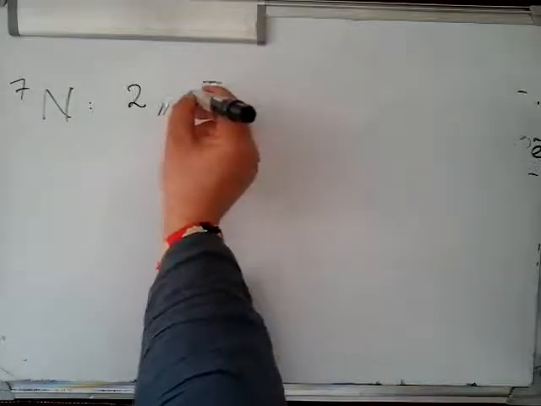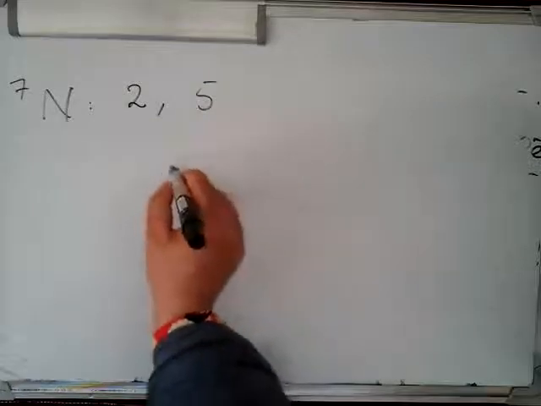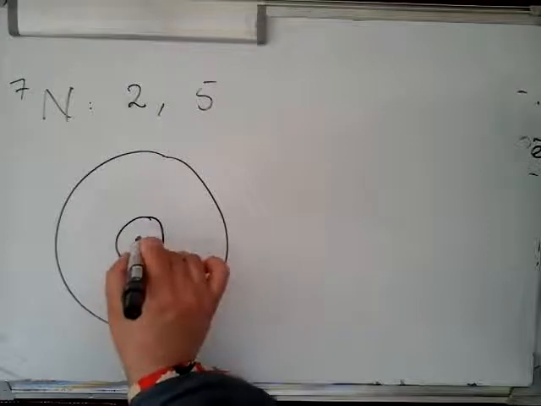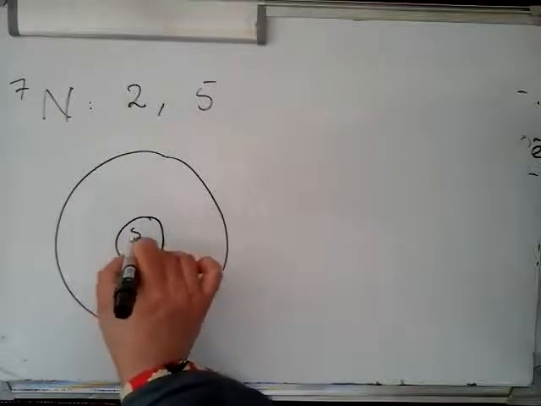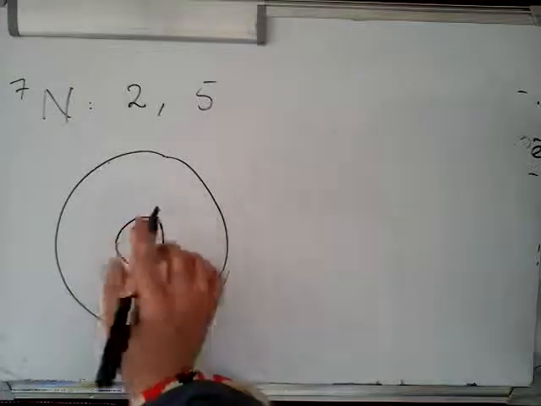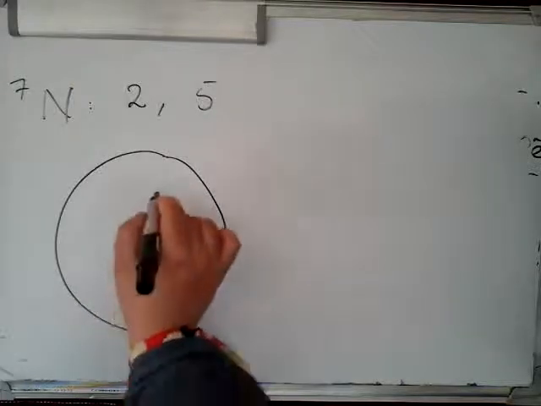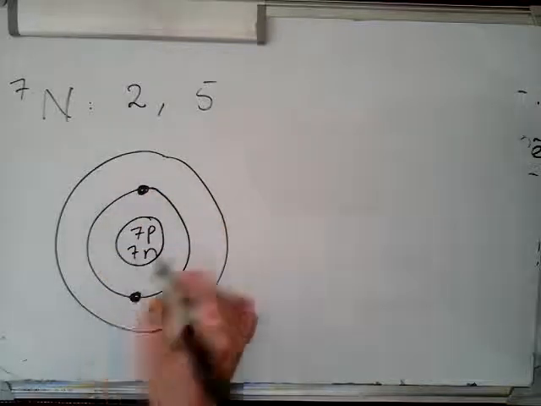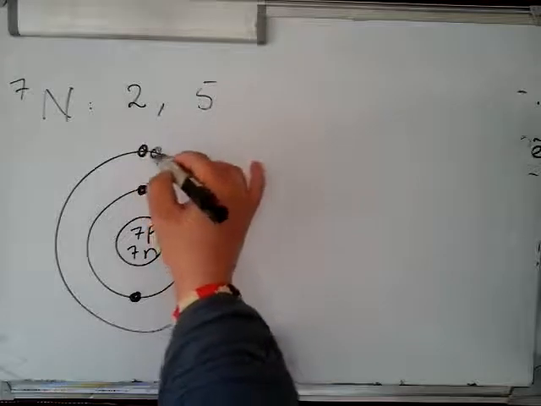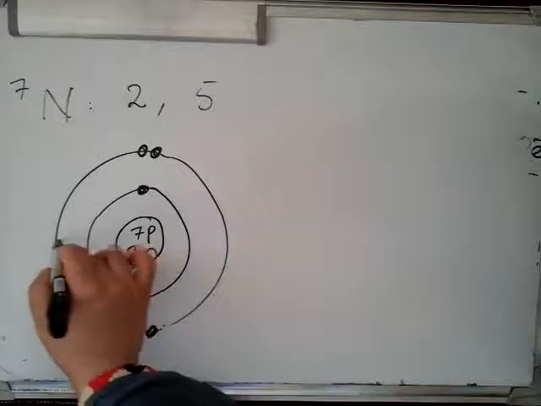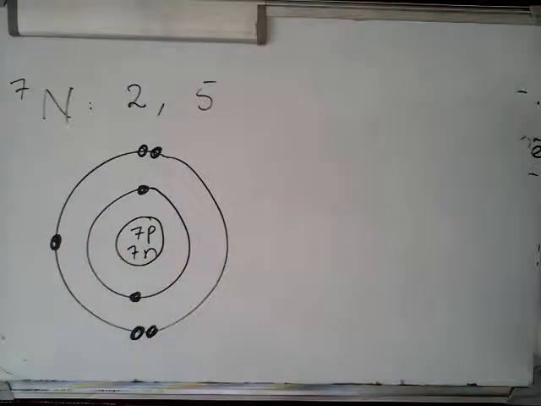For the arrangement, you can draw 7 protons and 7 neutrons in the nucleus, and 2 shells: 2 electrons in the first shell, and 5 electrons in the second shell.